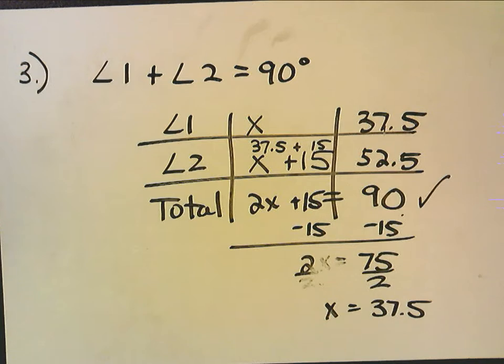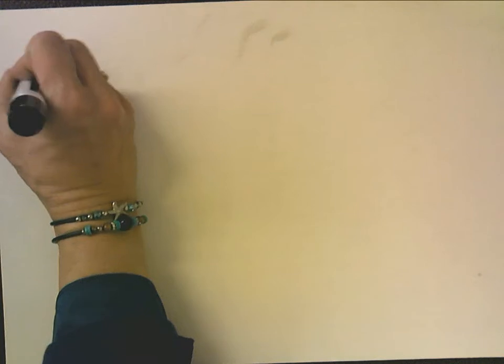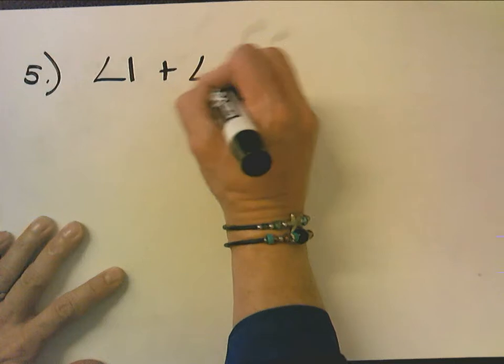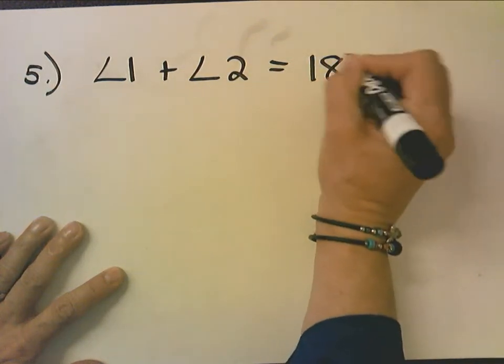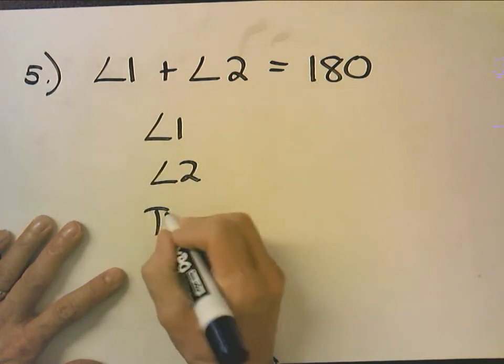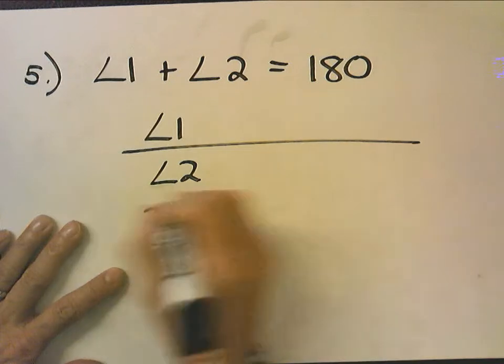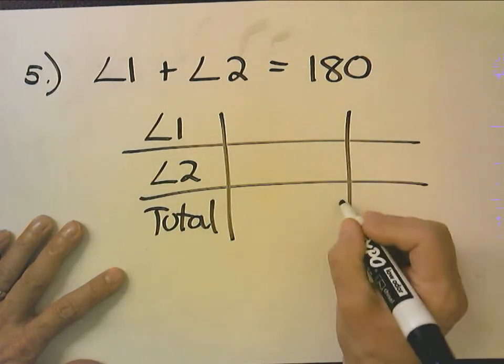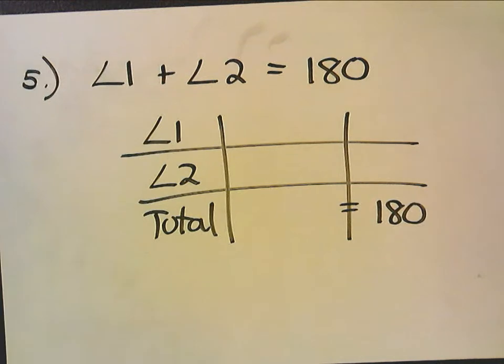Okay. Now let's look at number 5. Number 5 says the measure of an angle is 74 degrees greater than its supplement. So as soon as I see supplement, I say angle 1 plus angle 2 equals 180. I don't know angle 1, don't know angle 2, but I know their total is 180. Now I look back to the problem to figure out the relationship between angle 1 and angle 2.